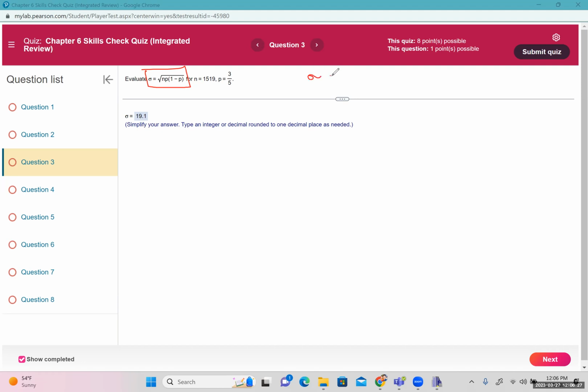Okay, so we have sigma will be equal to square root of n, which is 1519, times p, which is 3/5, multiplied by 1 minus 3/5. Right.